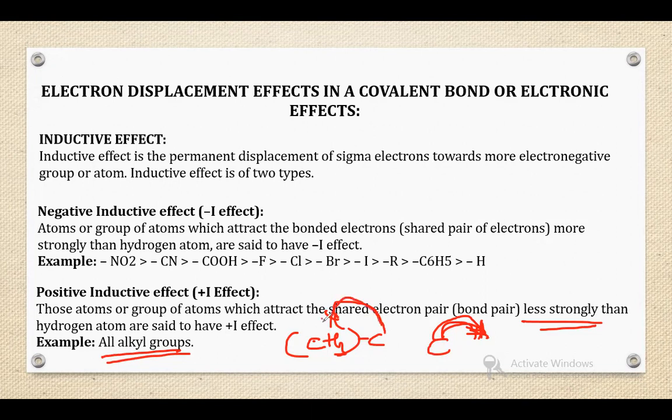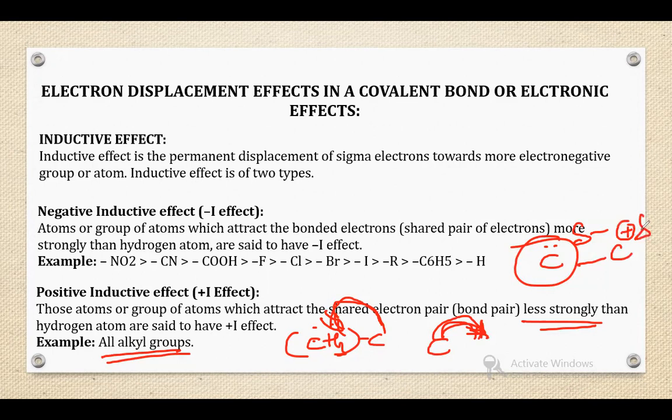If the shared pair of electrons is donated to the carbon, the electron density on the carbon increases, so the carbon will have a partial negative charge, and the substituent group will have a partial positive charge.